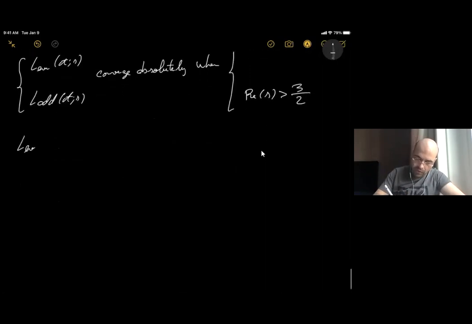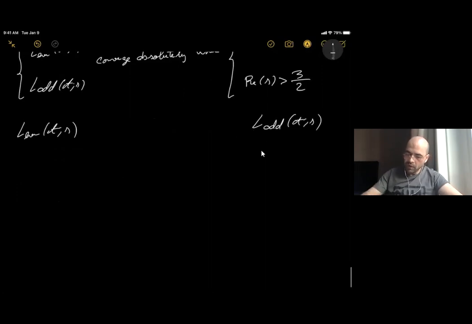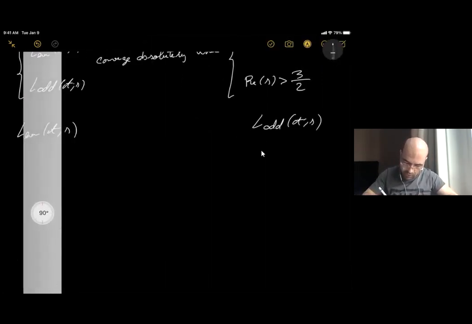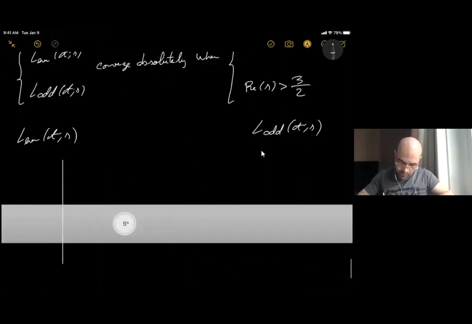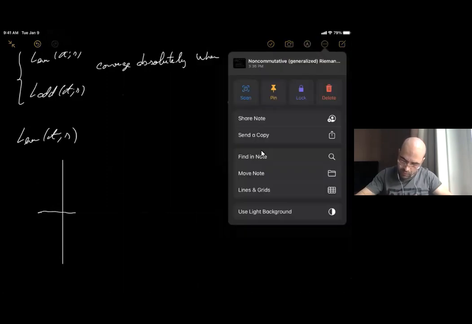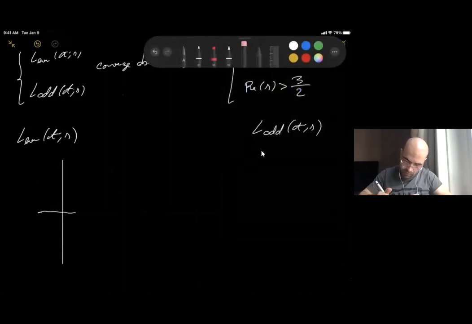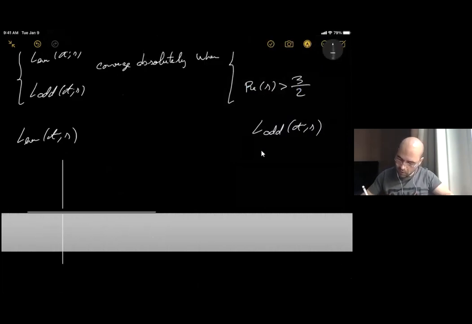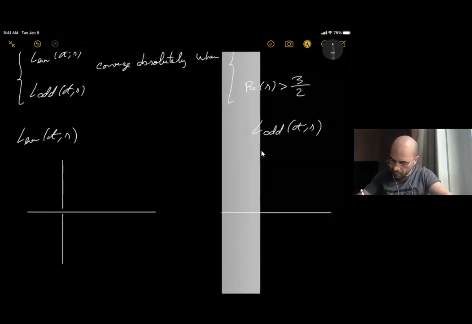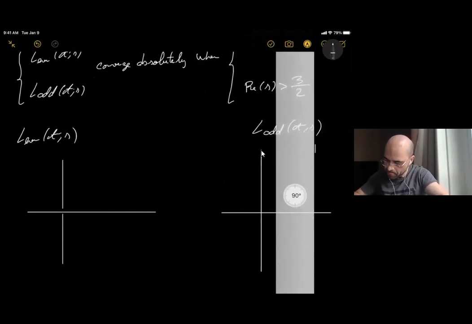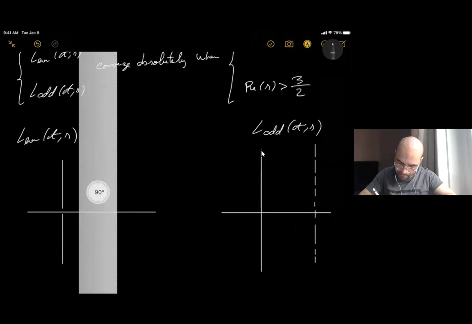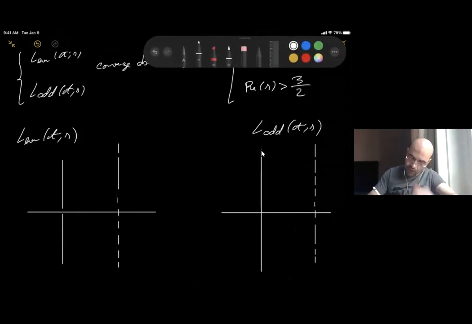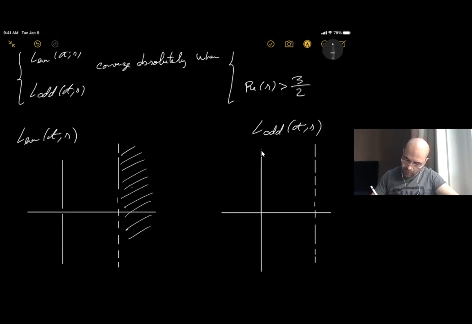So if you want to draw these functions, you have two of them, and we have this one here, and they are well defined in this half plane region.